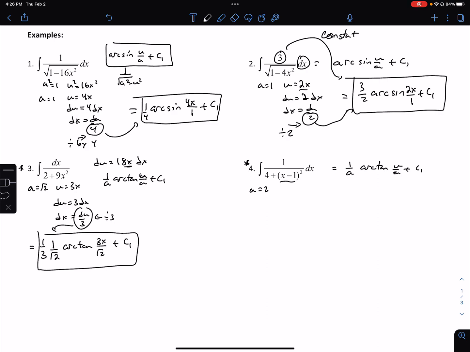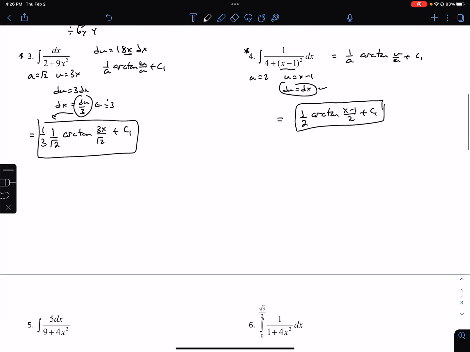Notice here, u squared is this x minus 1 squared, so u is just this x minus 1. Our du is dx. Oh, that's nice. This tells me I'm not really going to divide by anything, but we still want to check it. So my answer, 1 over a, which is 2, arc tangent u, which is x minus 1, over a, which is 2, plus c1. And there's our antiderivative right there. Very easy to do. These are so easy. Even a senior in May can do these.